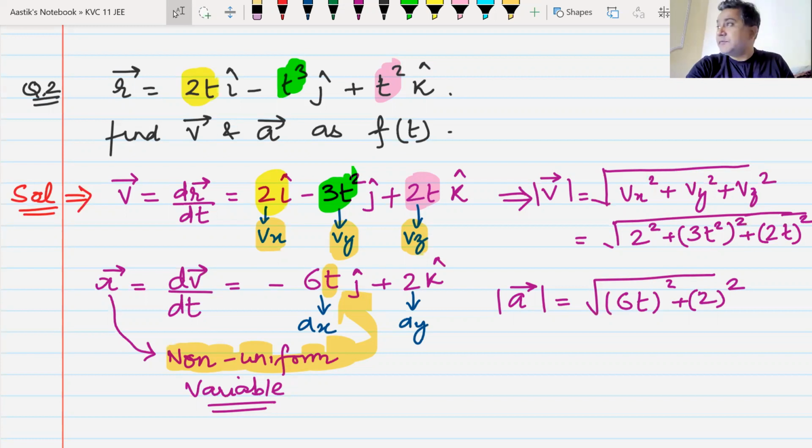Even though the name of the chapter was motion in 1D, we had actually solved questions of many Ds. We had also solved questions on motion in 1D specifically. And this was the question that was there, right?